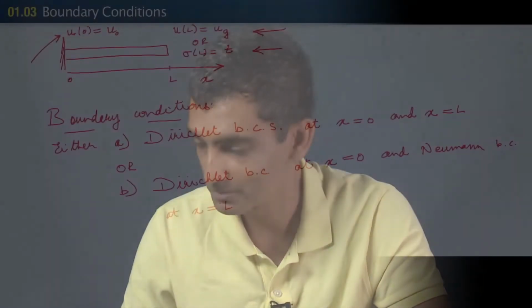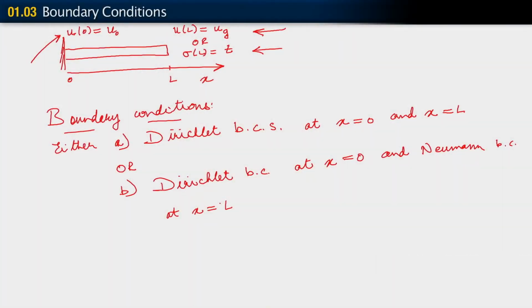What's important is to note that there is a particular combination that we are not considering. It's very obvious, but I'll let you think about it for a second or two to make sure that you are indeed with me in this. The condition we are not considering is Neumann at both ends.